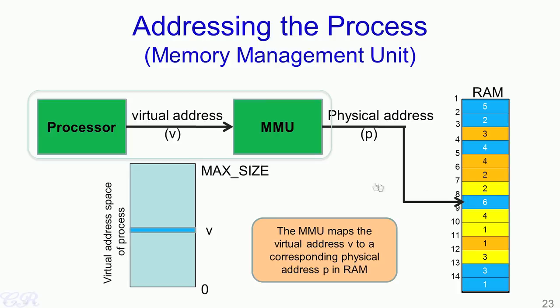What we will see next is how this virtual address gets converted to the corresponding physical address. It may be noted that the virtual address corresponds to the virtual address map, but the physical address corresponds to one physical address in the main memory or the RAM.